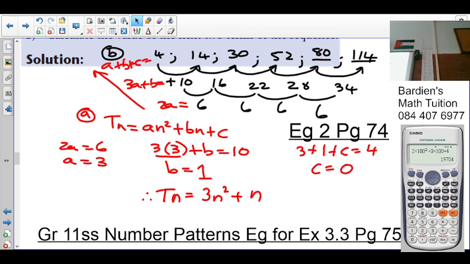Let's choose 4, the fourth term. So it's going to be 3 times 4 squared plus 4. Now the fourth term here is 1, 2, 3, 4. The fourth term is 52. If it gives me 52, I'm correct. There we go. Do you guys understand? That's how we do it.